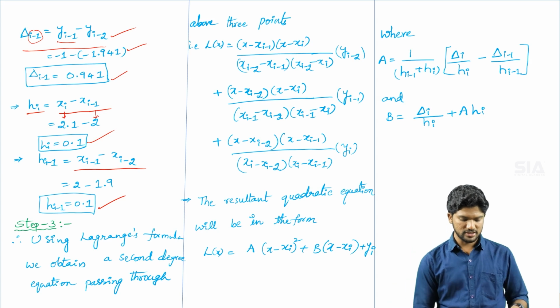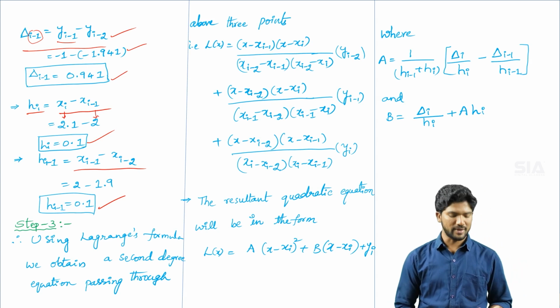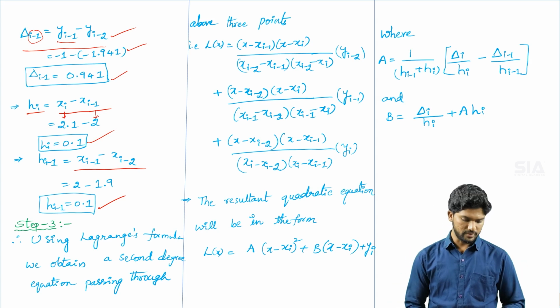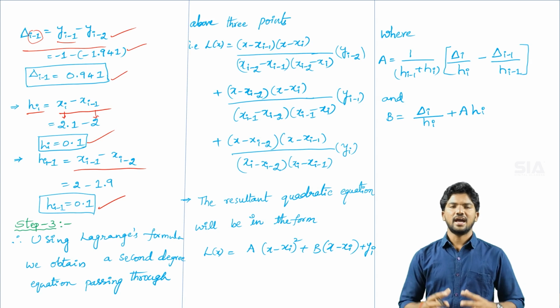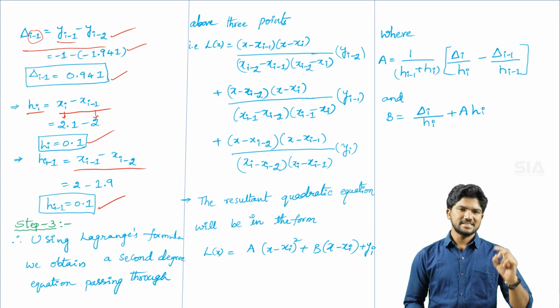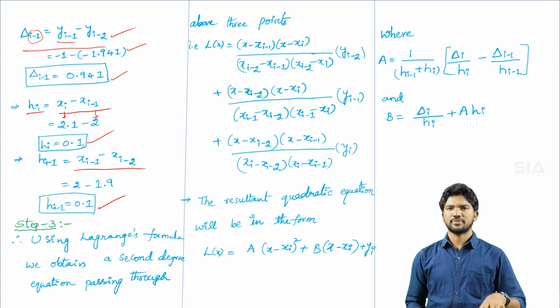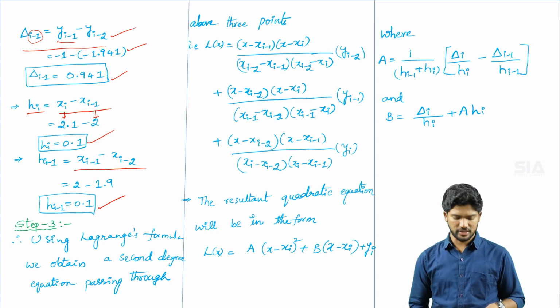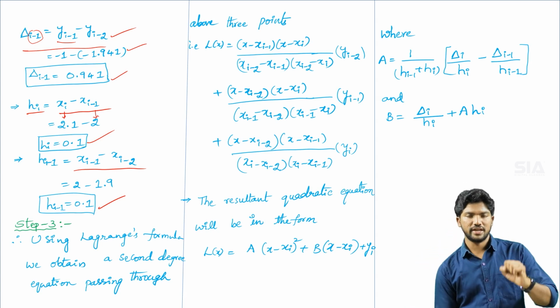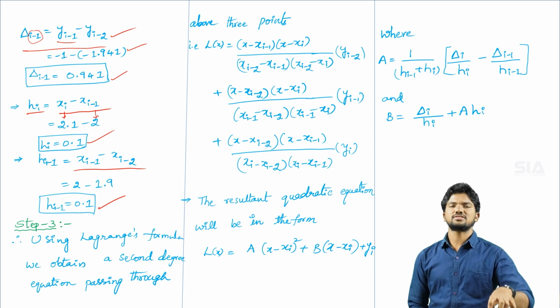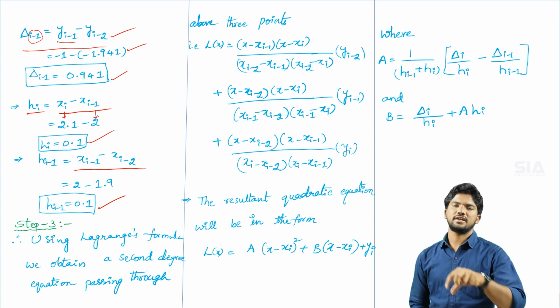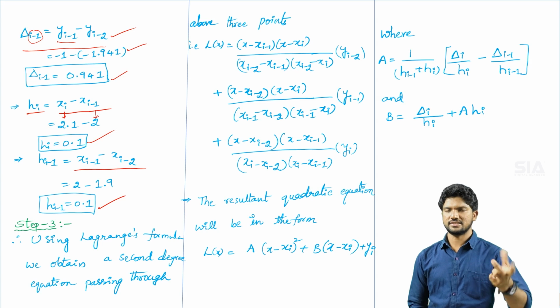If you substitute the values and simplify, you will get h suffix i minus 1 is equal to 0.1. Here h suffix i and h suffix i minus 1 have the same values because each denotes the length of the interval. So that is step 2: we find the values of the forward difference operator delta suffix i and the interval length h suffix i.